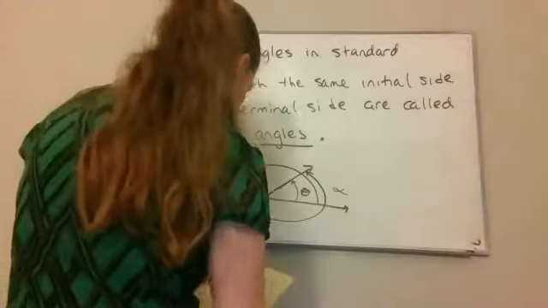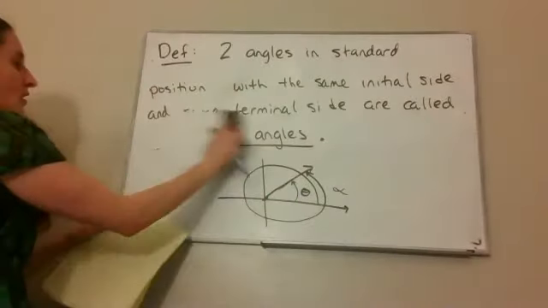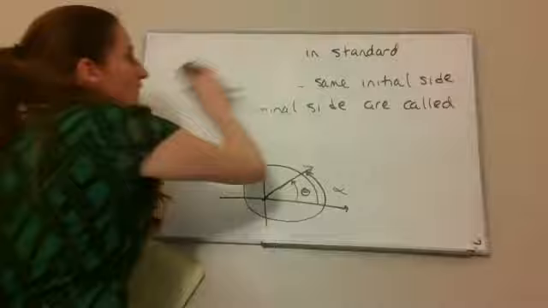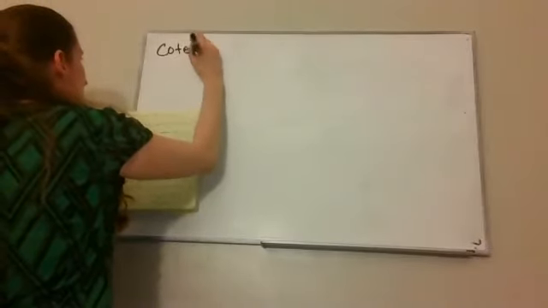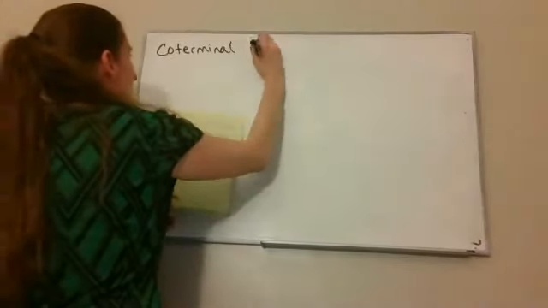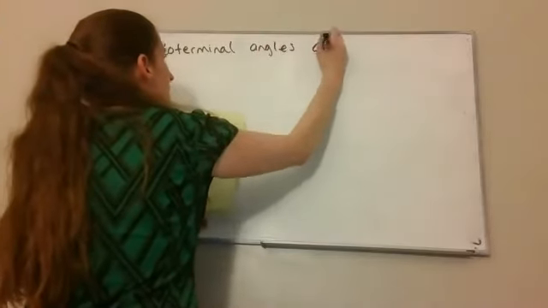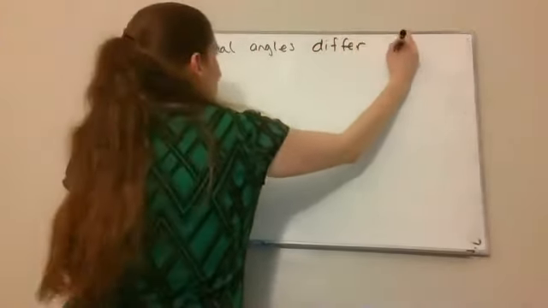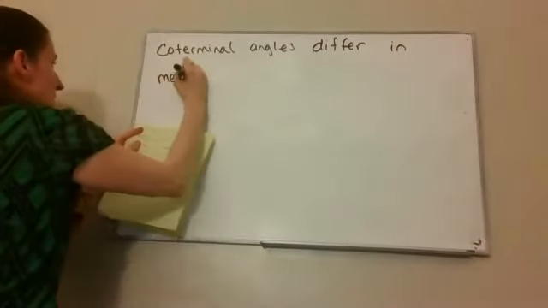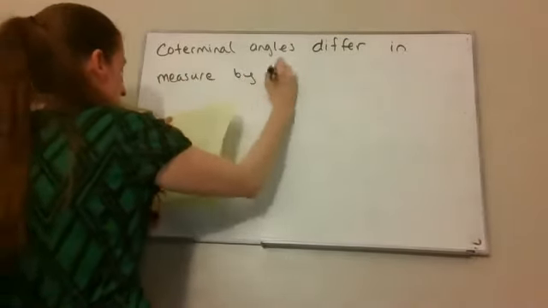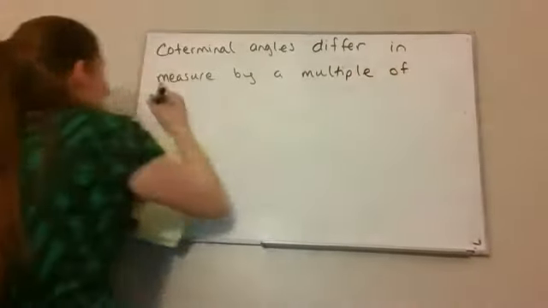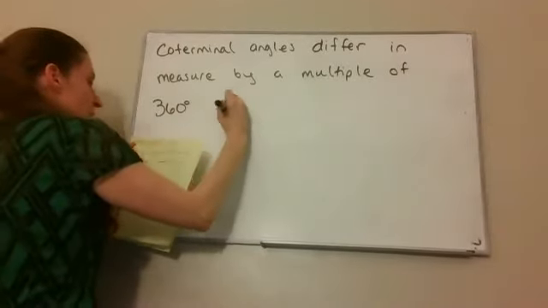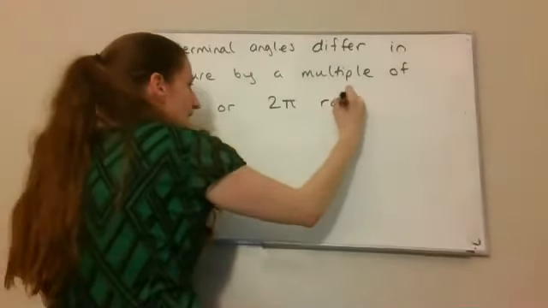Now, coterminal angles always differ in measure by a multiple of 360 degrees or 2 pi radians.